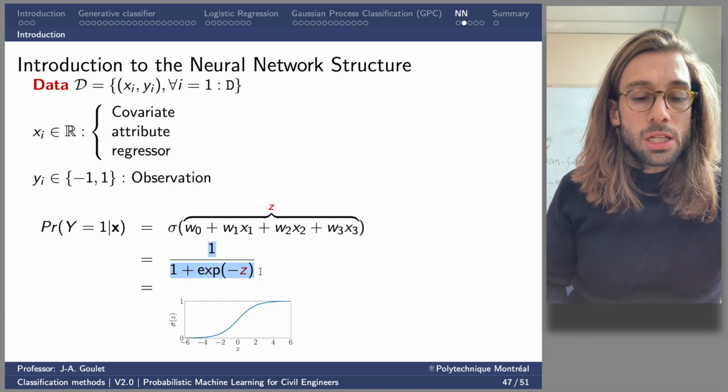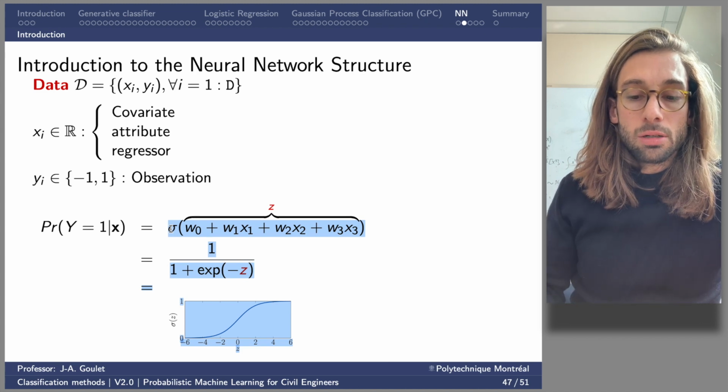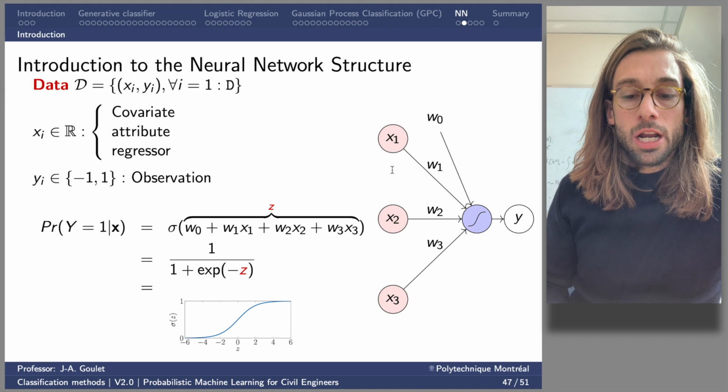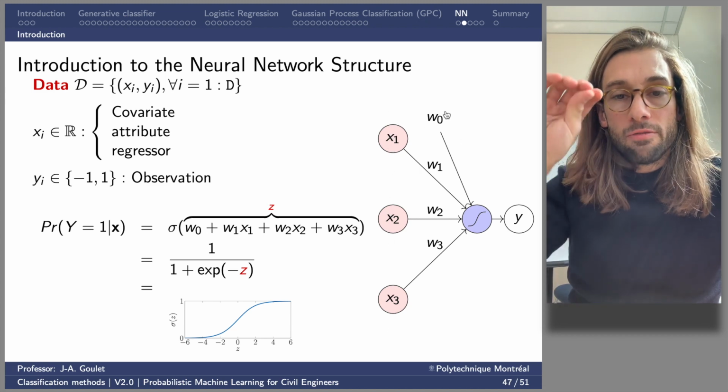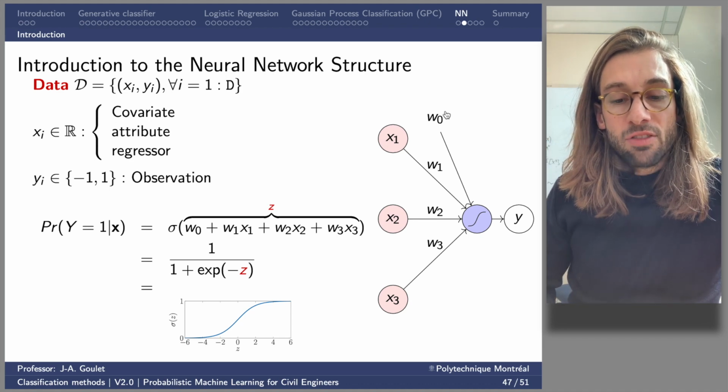So what I've represented here is not yet a neural network. It's the same thing as logistic regression. We have in this example 3 covariates, x1, x2, x3. I have W0, which is the origin of my linear model, or in this case, 3-dimensional plane. I have W1 times x1 plus W2 times x2 plus W3 times x3.